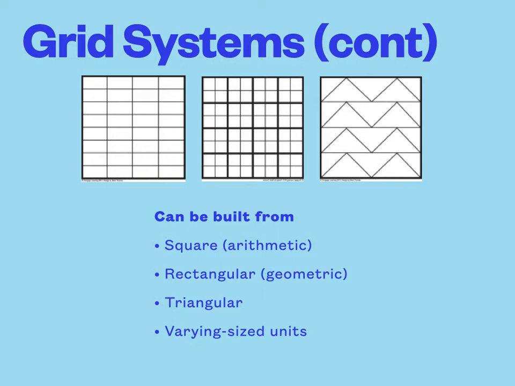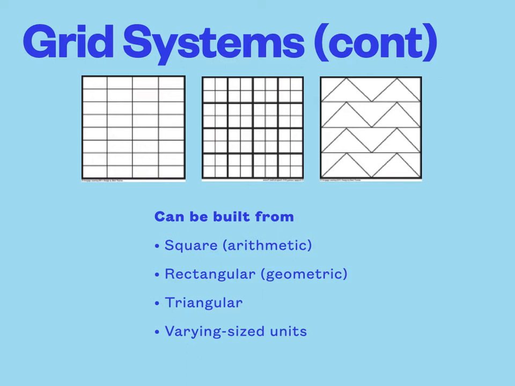So grids can be built from square, arithmetic, rectangular, geometric, and triangular forms, and even varying sizes. The square arithmetic grid is composed of equal size squares, which you can do in a series of 1, 2, 3, 4, or however many you need. The geometric grid is composed of units that are built using multiples.